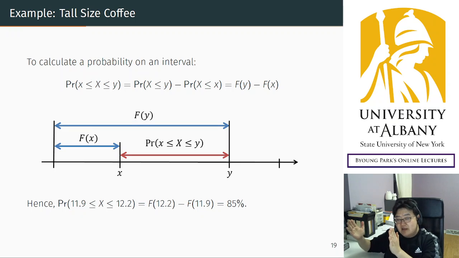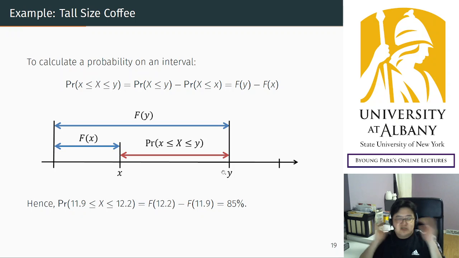We are interested in between 11.9 and 12.2, right? So put it this way, the longer interval has 90%, and the smaller interval, which is included in the longer interval, is only 5%. Then their difference is automatically 85%.